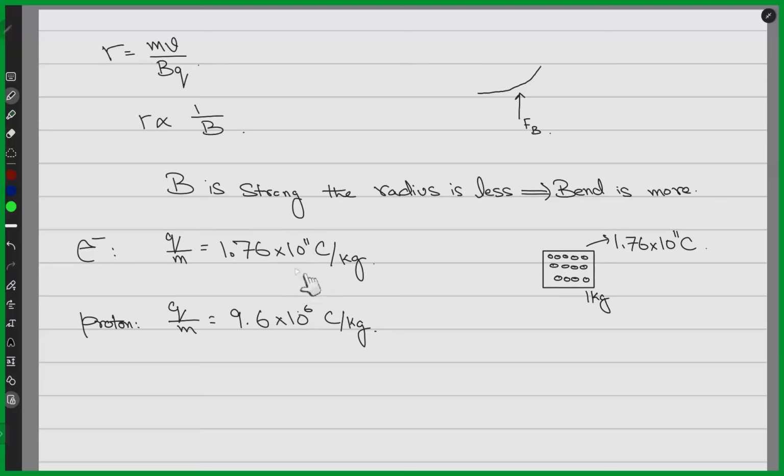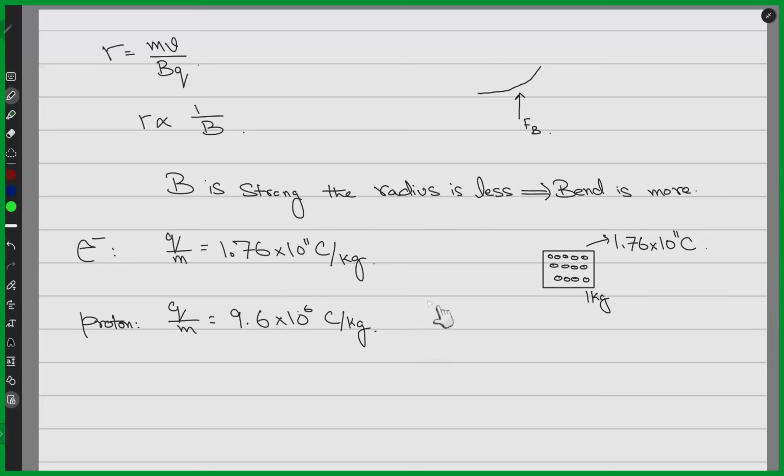It is multiple orders of magnitude less. For the electron it's 10 raised to power 11, while for the proton it's 10 raised to power 6. You expect this because the mass of the proton is quite heavy compared to the mass of the electron.